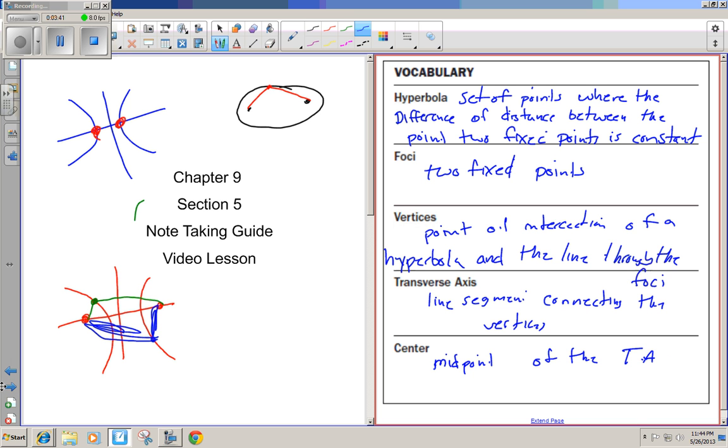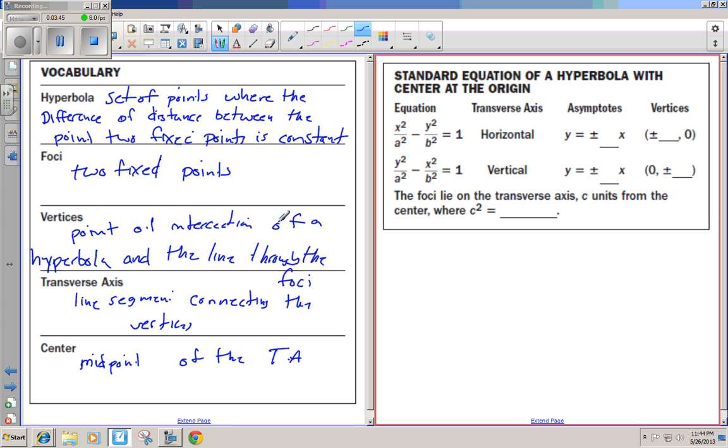Not quite as much as an ellipse, it's still going to be some of the same work. To fill this out here, you can see the difference between the equations based on a circle and an ellipse. Here you're subtracting. It's equal to 1. You've got an A and a B, but you're subtracting.